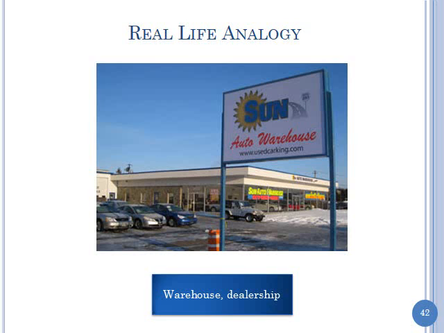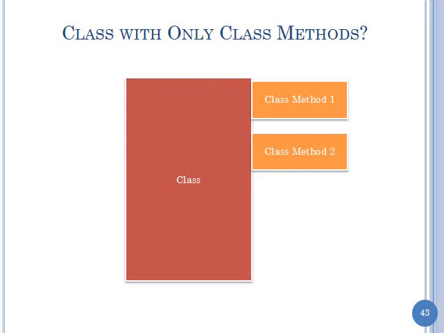So there is an analogy there. And an example of a class like that with only class methods. I guess my slides were right that both Math and System were examples of classes with only class members and no instance members.